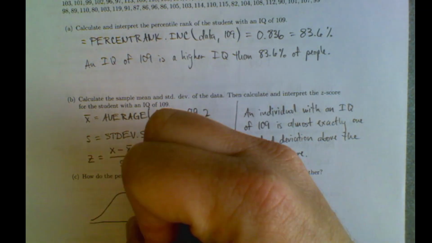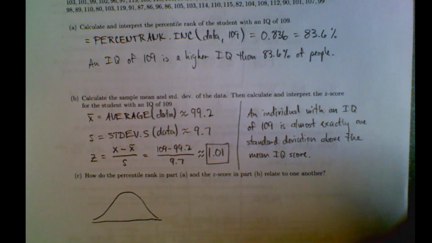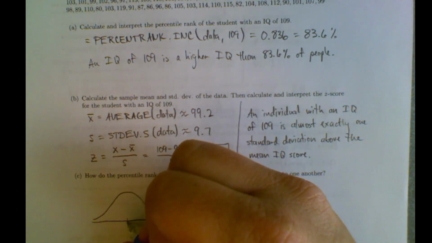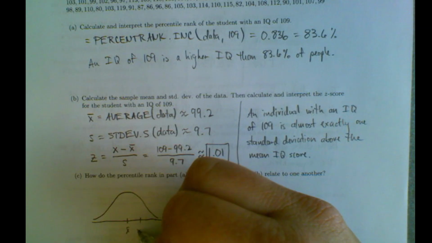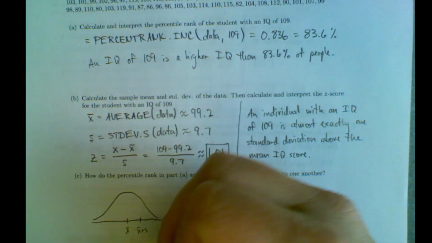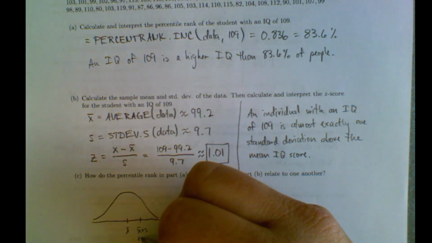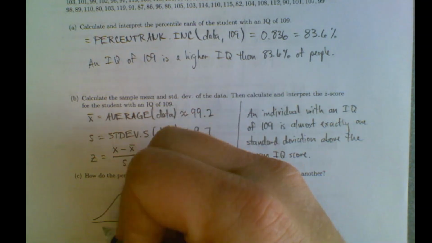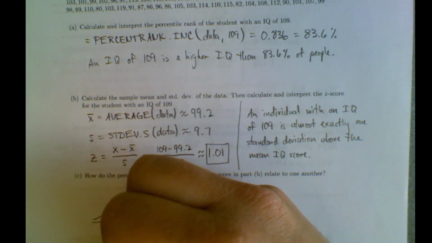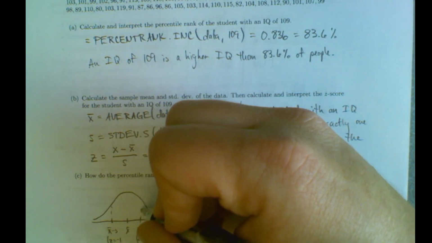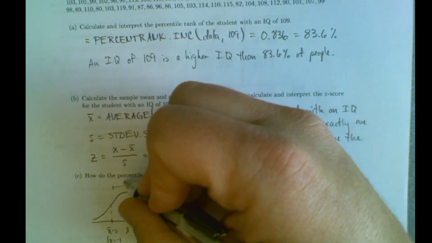You may remember that the empirical rule says that 68% of the data are going to fall within one standard deviation of the mean. Here's one standard deviation above, z equals 1, and here's one standard deviation below, z equals -1. And 68% of the values are in here.